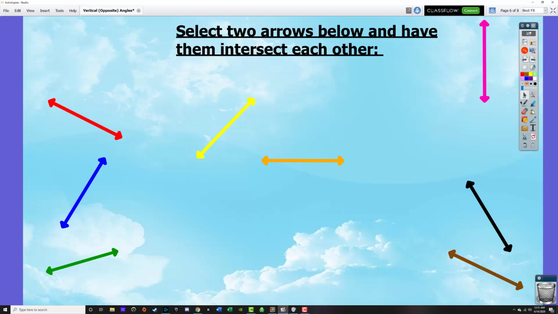Okay, and once again, just like before, we start out with two straight angles.